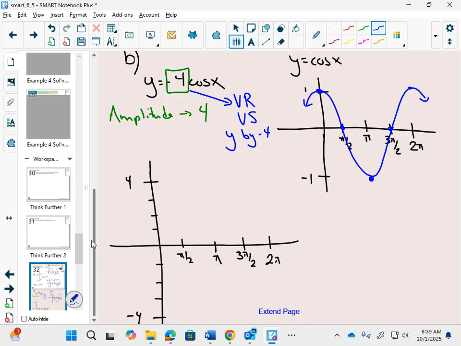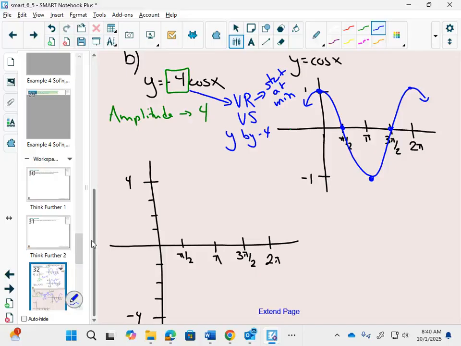And a cos graph normally starts at a maximum. Does it make sense to you that this vertical reflection, being flipped over, instead of starting at a maximum, would force it to start at a minimum? And here's how we can draw a cos graph very quickly. Because in transformations, I would have made you take all 5 points and figure out where the new points are.